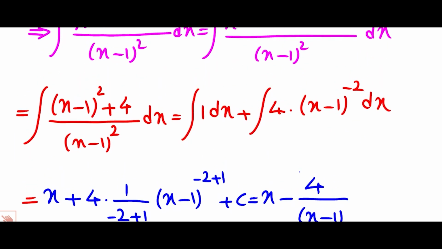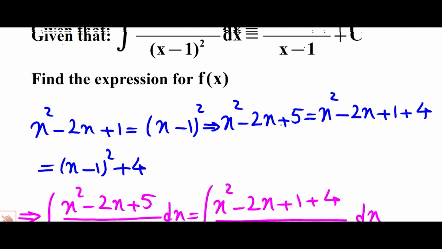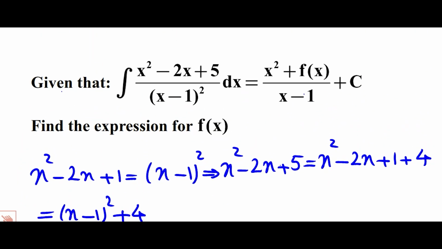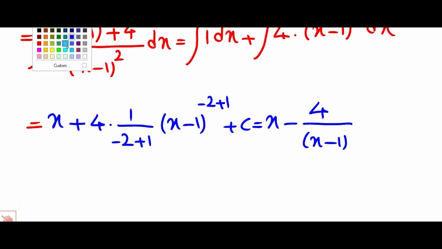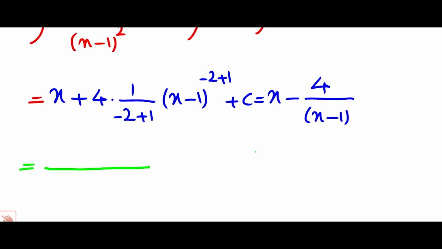Now we need to write our result as a single fraction with a denominator of x minus 1 to match the question's format. The denominator is x minus 1, and the numerator is x times (x minus 1) minus 4.